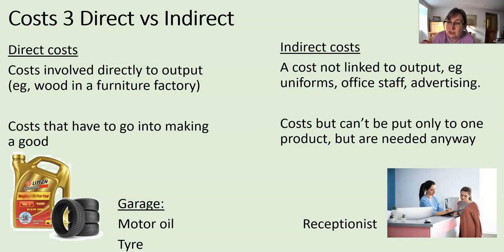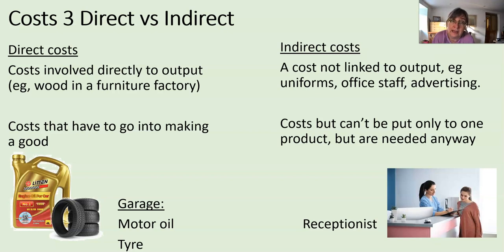So in a garage, for example, the motor oil is a direct cost. You only buy in motor oil, and you only have to pay for motor oil if you are going to put motor oil into a customer's car. The same with tyres. You buy a tyre when you are fixing a tyre on a car. It is direct to the job that you are doing.